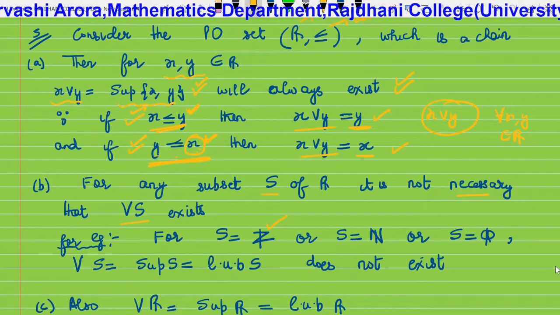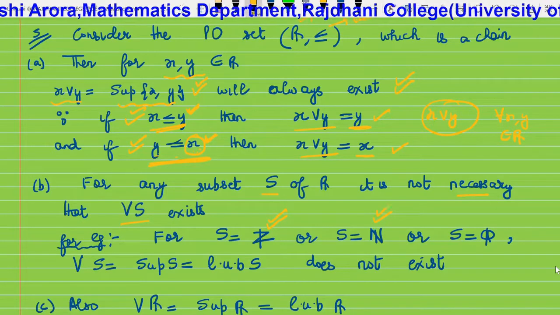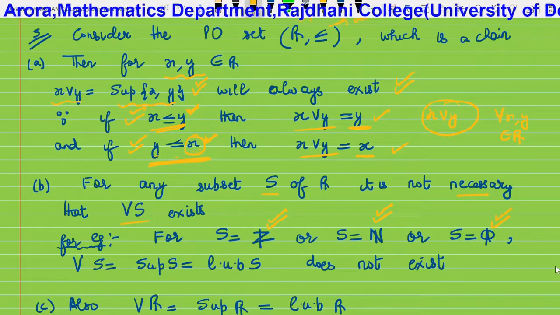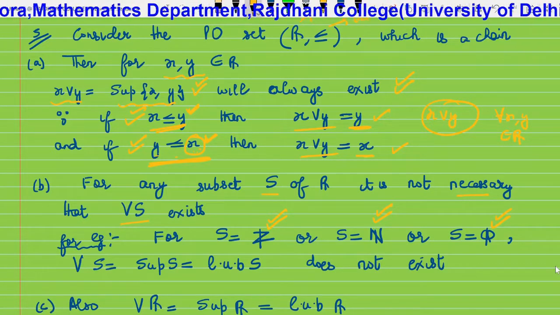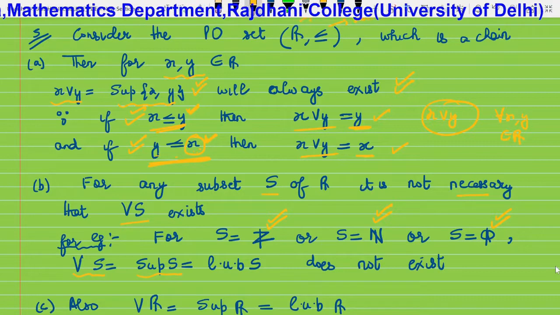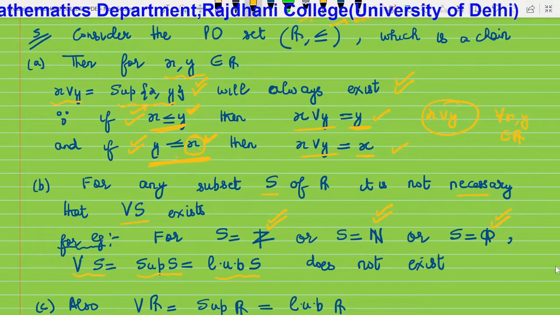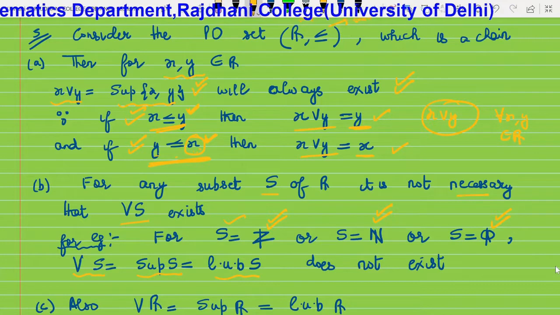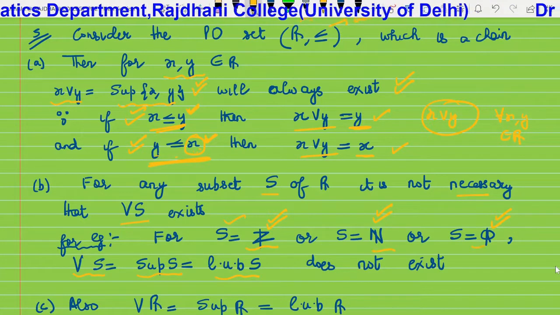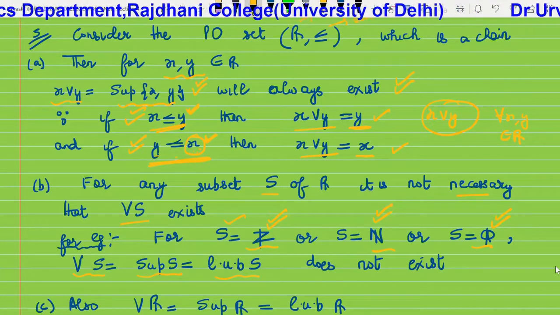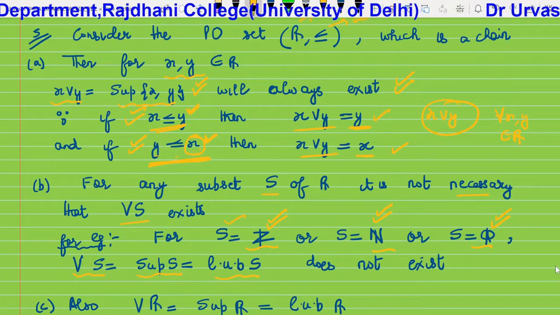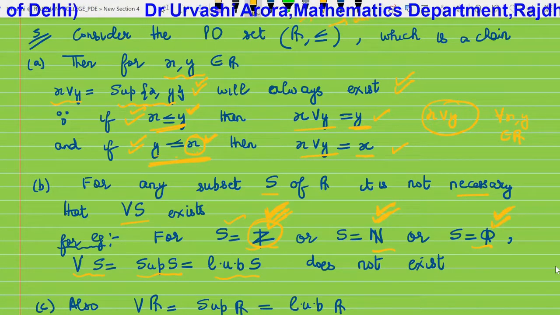For example, if I pick the set of integers, the set of naturals, or the set of rational numbers, then the join, or supremum, or least upper bound of S, where S is any of these three sets, will not exist, because you cannot find an upper bound.